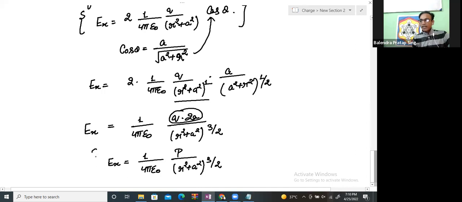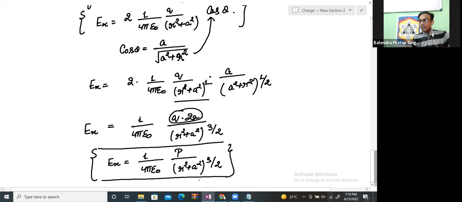This is our electric field due to the dipole at this equatorial line. This is your electric field along the x-axis.